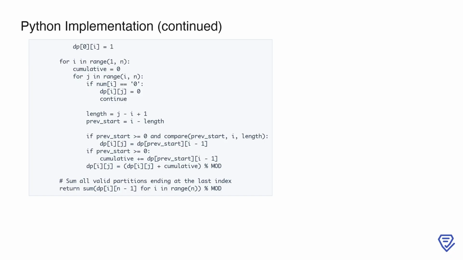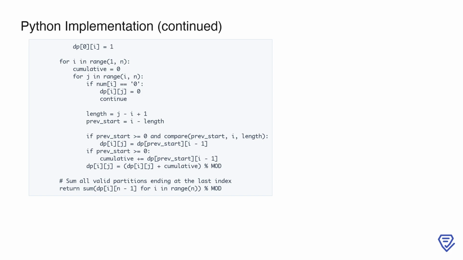Next, we iterate through the string starting from the second character. For each starting index i, we calculate a cumulative sum to track the number of valid partitions. For every ending index j greater than or equal to i, we first check if the substring starting at i and ending at j begins with 0. If it does, we set dp[i][j] to 0 since such a partition is invalid.